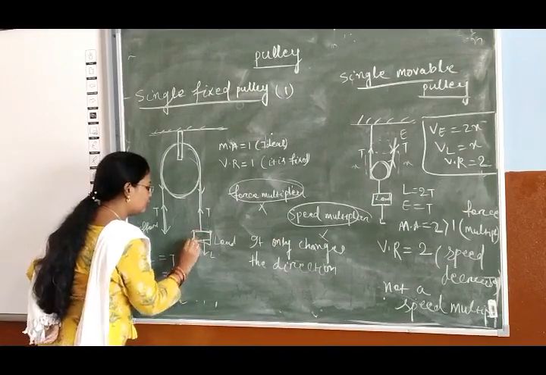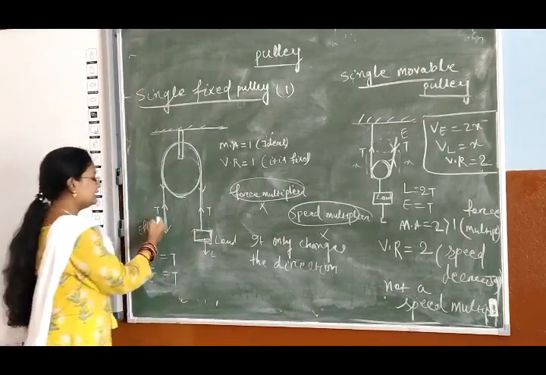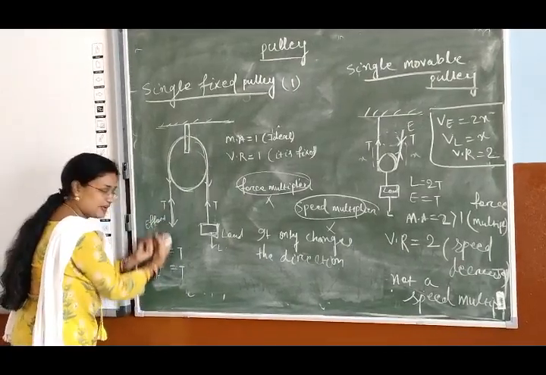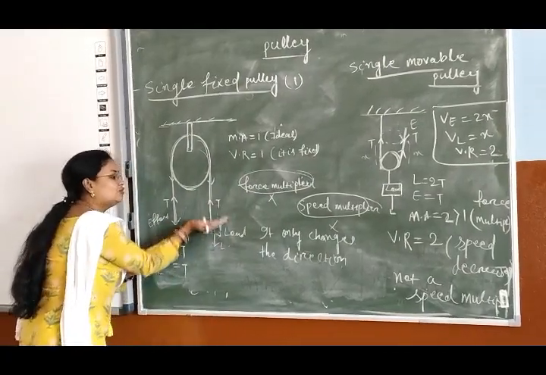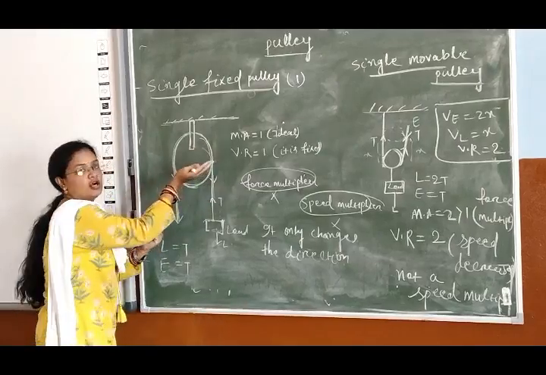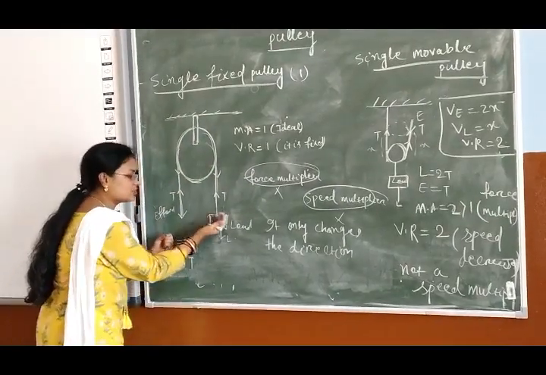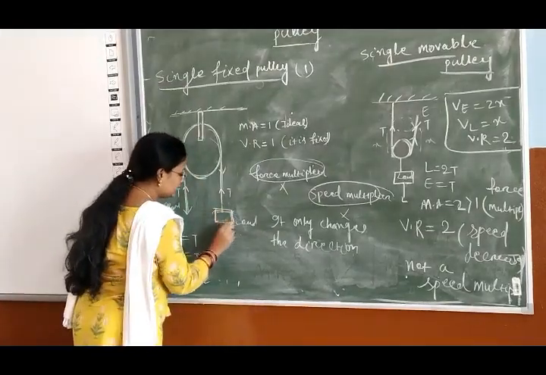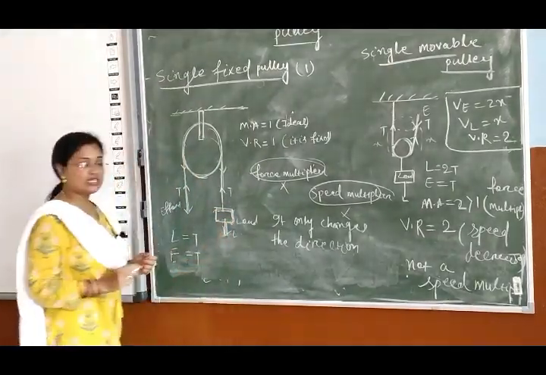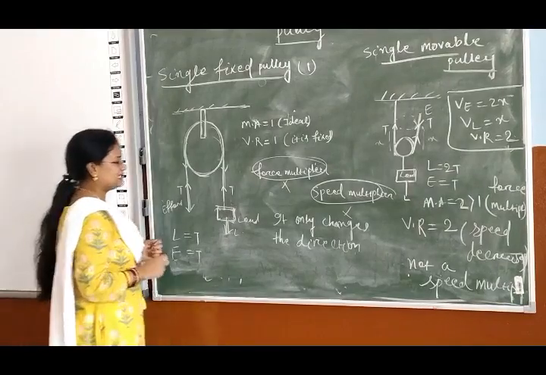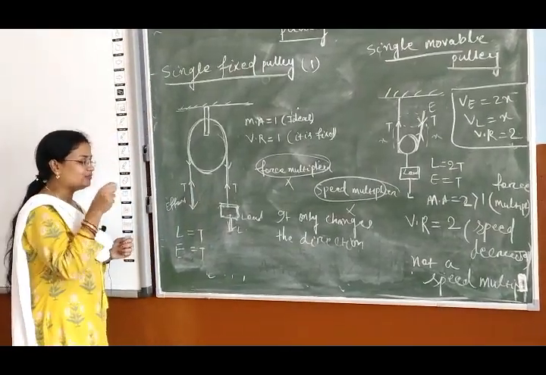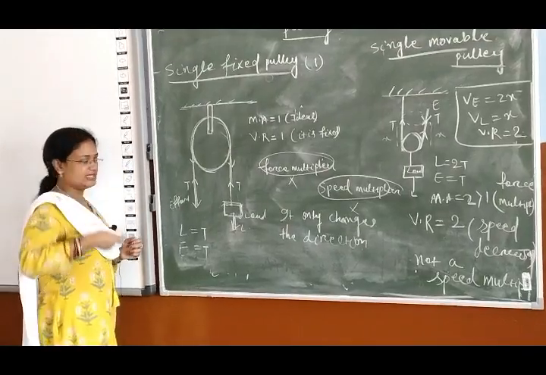This one is the load, and if on this side you give effort in this direction, then the load will go up in the upward direction. Generally in a string, one tension force is acting. At any point where you want to find the tension, the tension always acts away from that point.